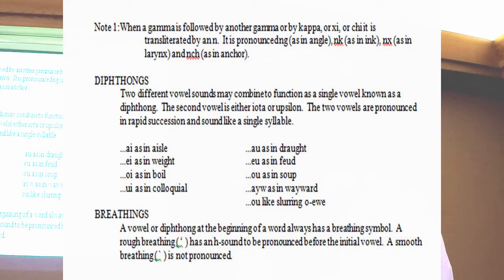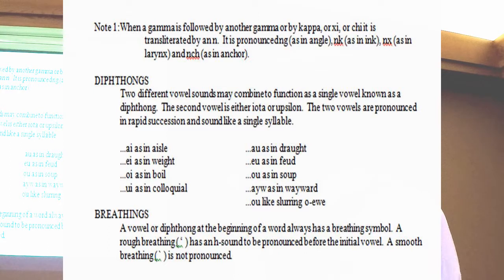When it curves to the right, it's called a rough breathing, and it has an H sound. A smooth breathing, when it's curved to the left, is just like a comma that's raised. It has no sound.